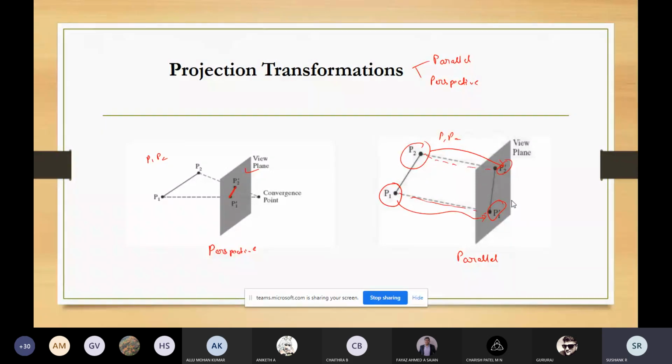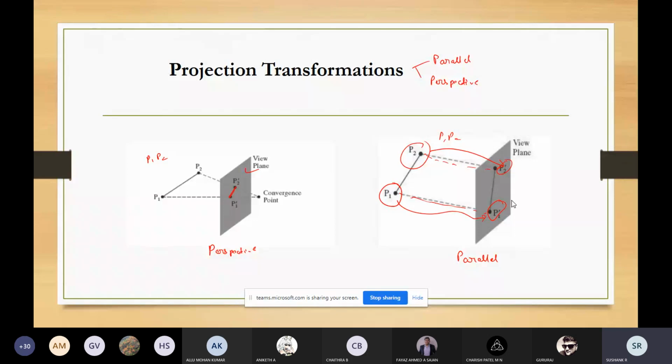Where can we use this method? This method can be used in computer aided design to produce scale drawings of 3D objects.